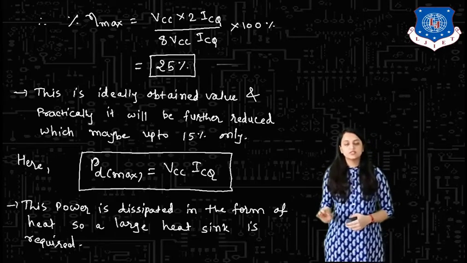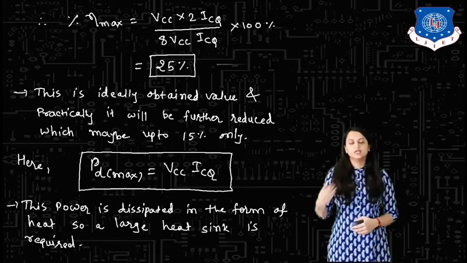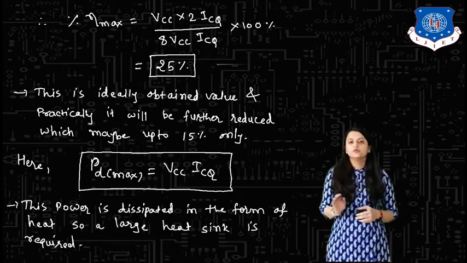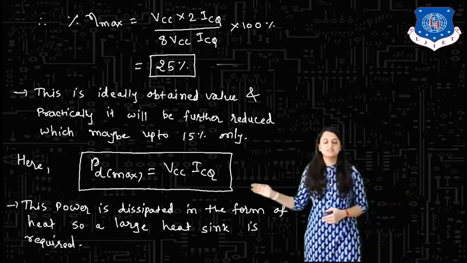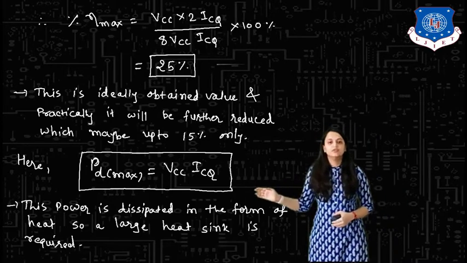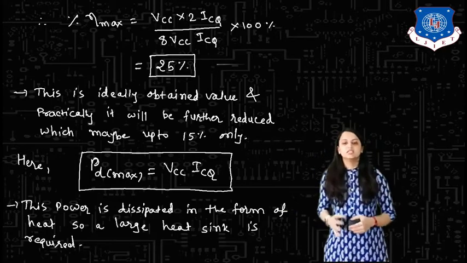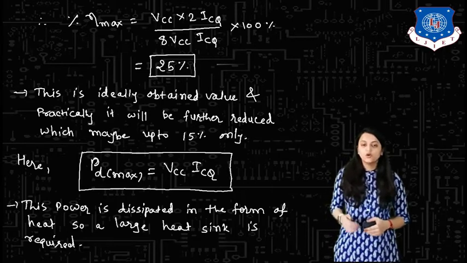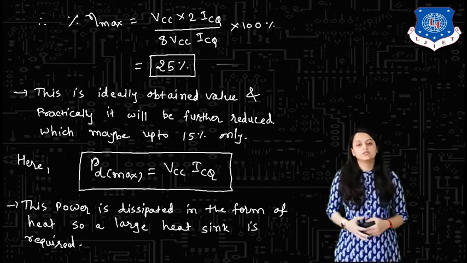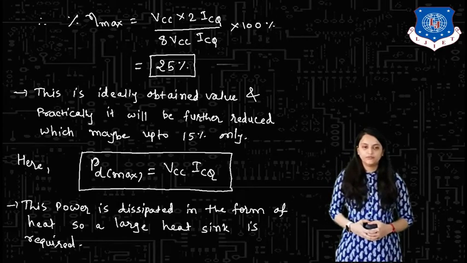This is the ideal value, and practically it will be further reduced, up to 15% only. Here PD max, the maximum power dissipation, is VCC into ICQ. Remember this. This power is dissipated in the form of heat, so a large heatsink is required. This is for the directly coupled amplifier.